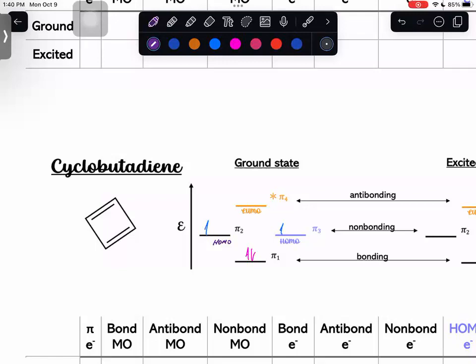Now you have P1 and P2 with P3 and P4. Yeah, but that's not how we draw the orbitals for cyclic structures. That's why I told you specifically, for cyclic structures, it has to be in that specific conformation. One carbon has to be sticking at the bottom, one carbon has to be sticking at the top.